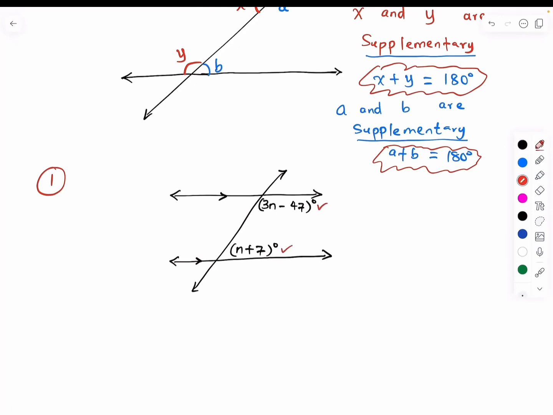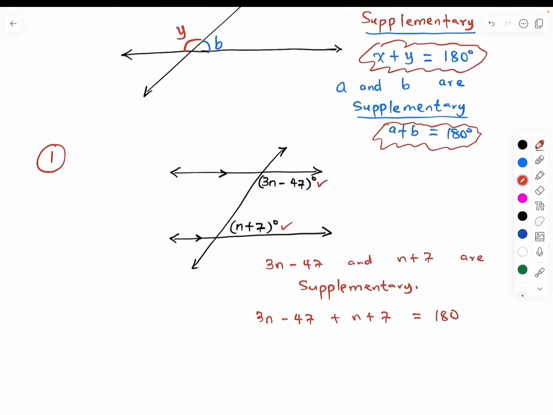They are on the same side of the transversal and inside the parallel lines. So 3n minus 47 and n plus 7 are supplementary, which means if I have these two angles, the sum should be equal to 180.